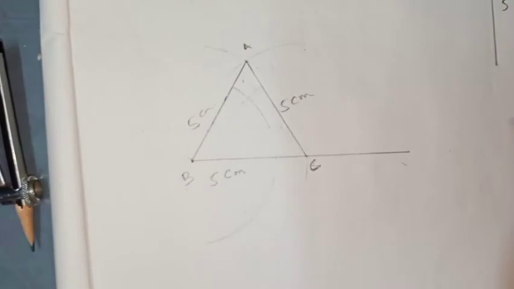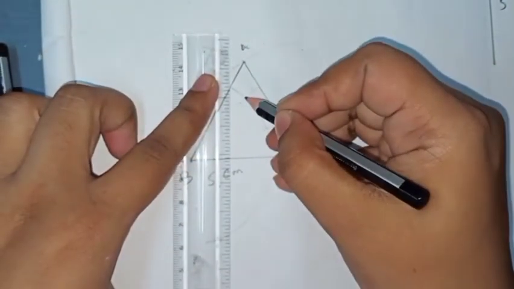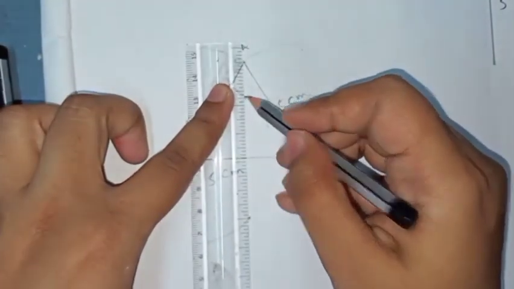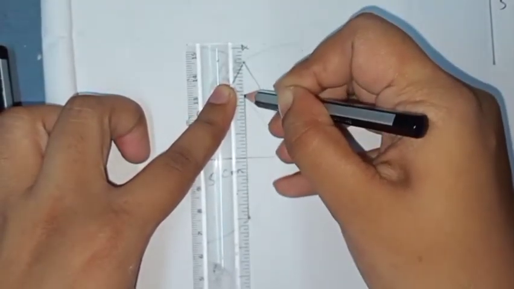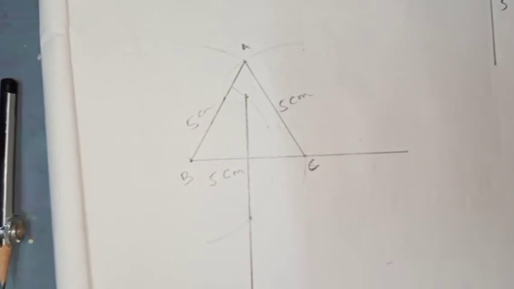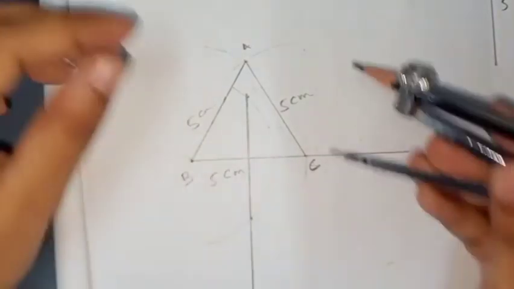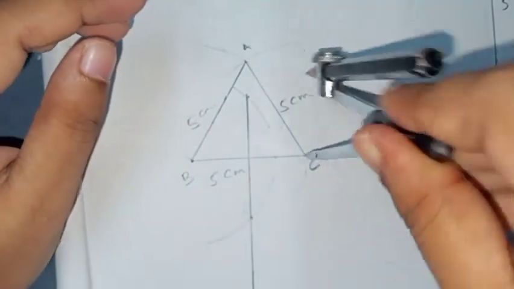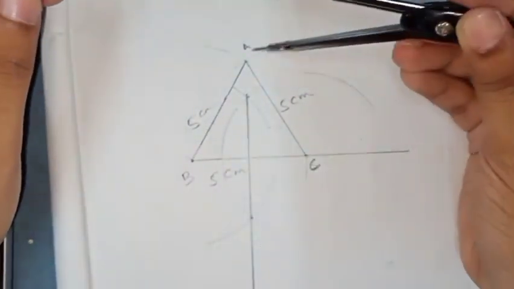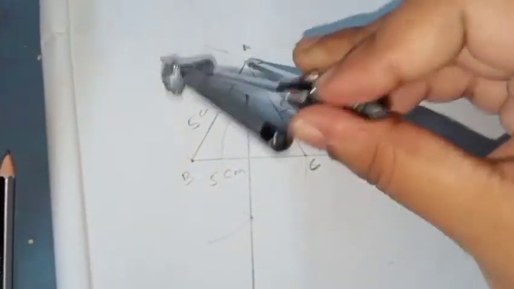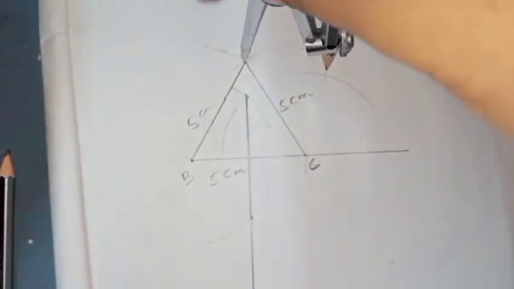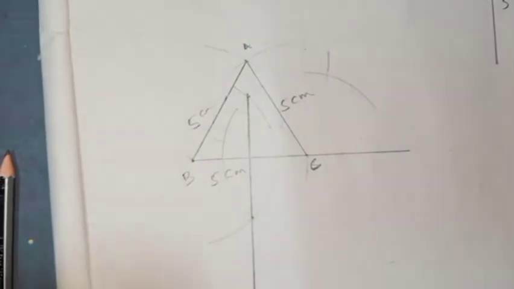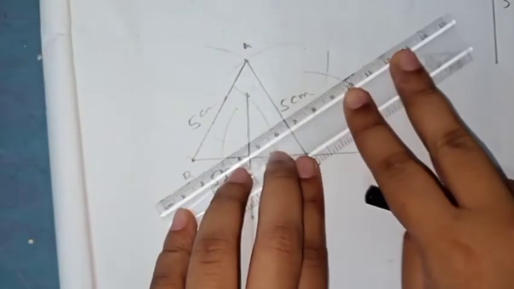Okay, after doing this, you will join this and this point. Now you will take more than half of AC also, cut here and here, put in point A, cut here and here. Then we will join.